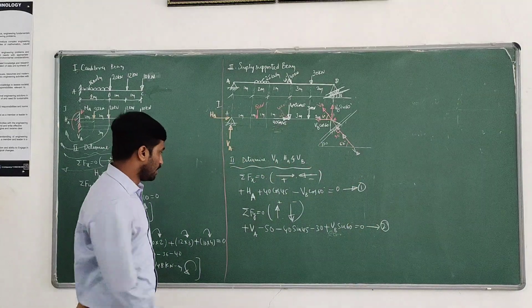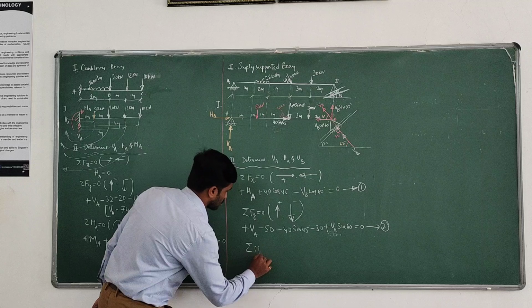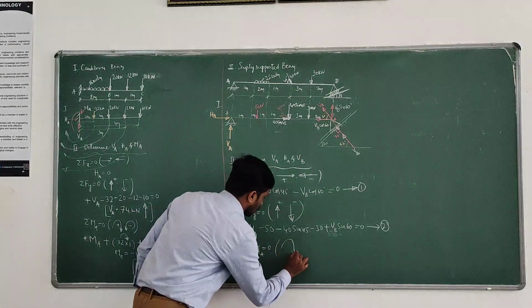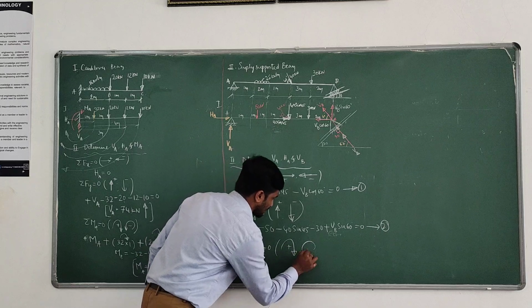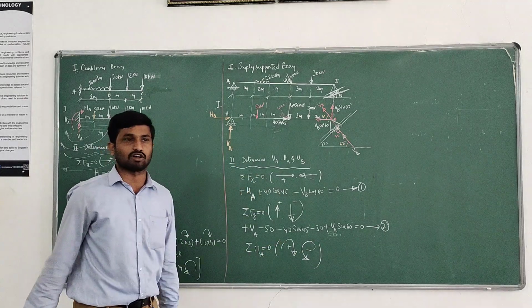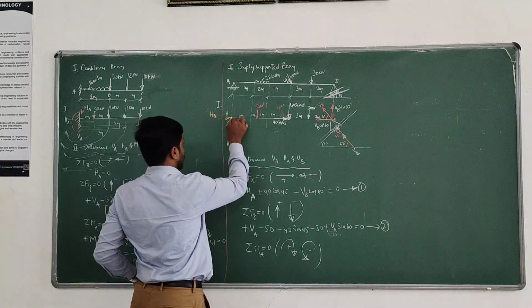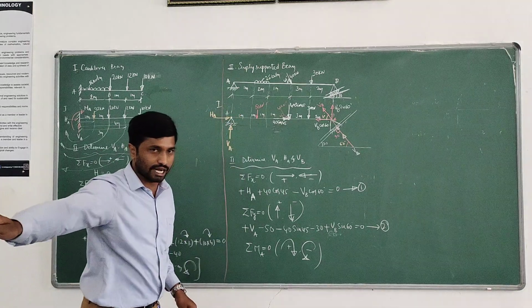Next apply the third equation of statics, sigma moment at A equals 0. All clockwise moments are treated as positive, anti-clockwise moments are treated as negative. VA will not produce any moment, since it is at the same line of action.